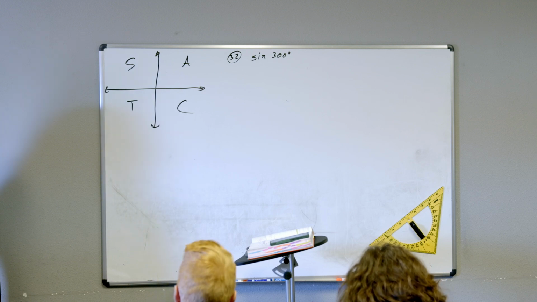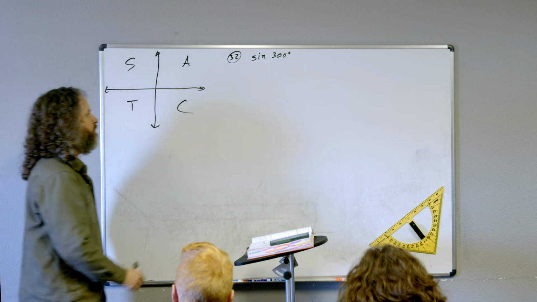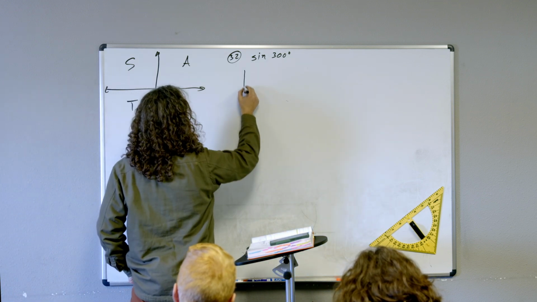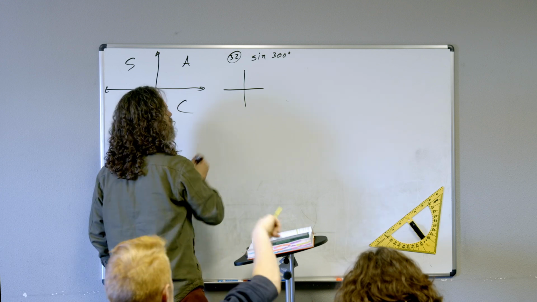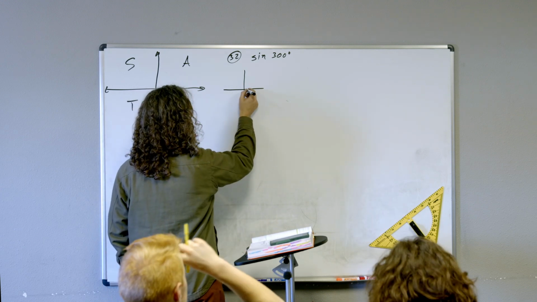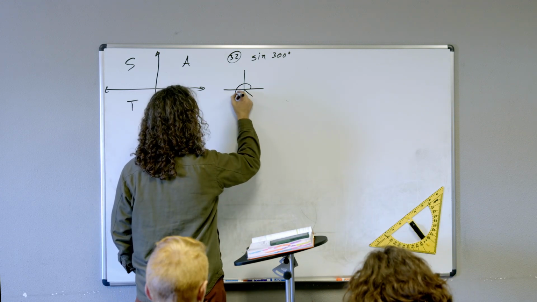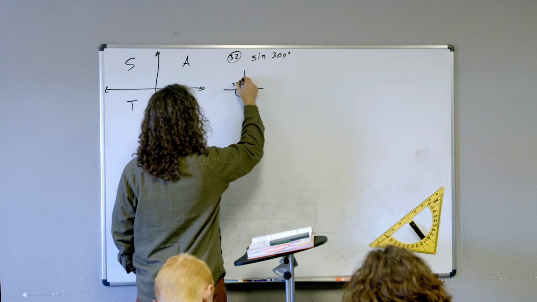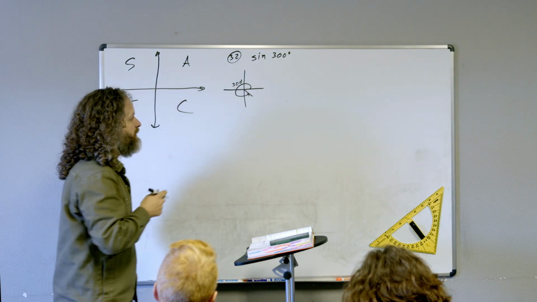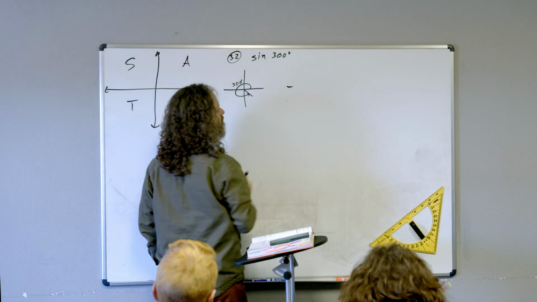So, where is 300 degrees? In quadrant 3? Quadrant 4. So it's going to be cosine positive. Yes. Which means our answer is going to be negative something, right?